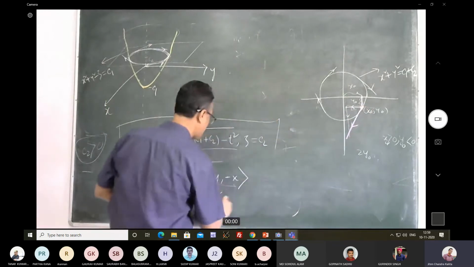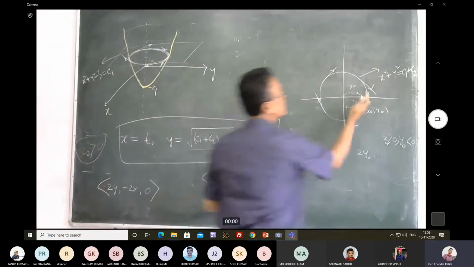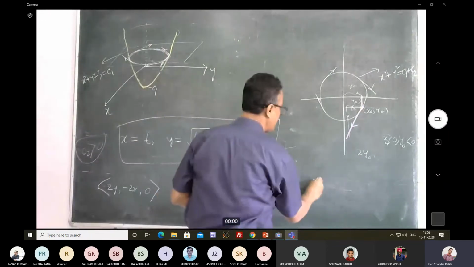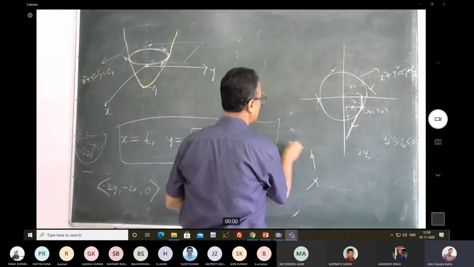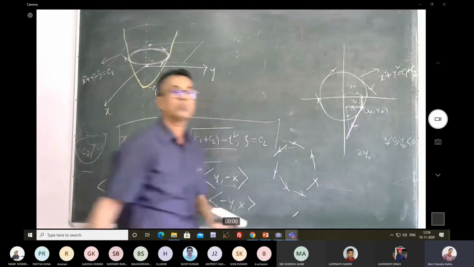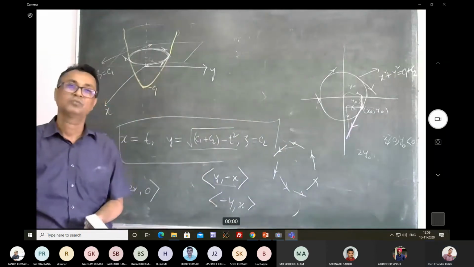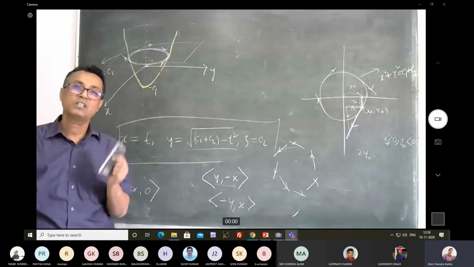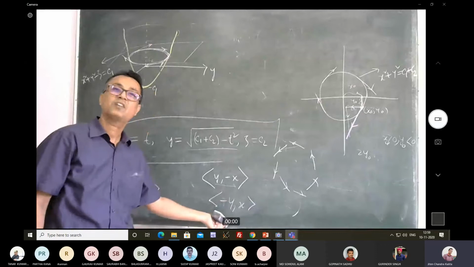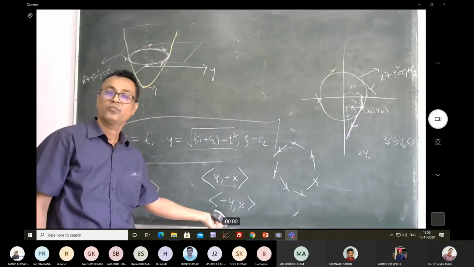If you take it like minus y x, your orientation will be in the opposite direction. But still, you are going to get some kind of rotational movement. Is it clear now? Whenever you consider a rotation, you can always have this as representing some kind of rotation. Is it clear?